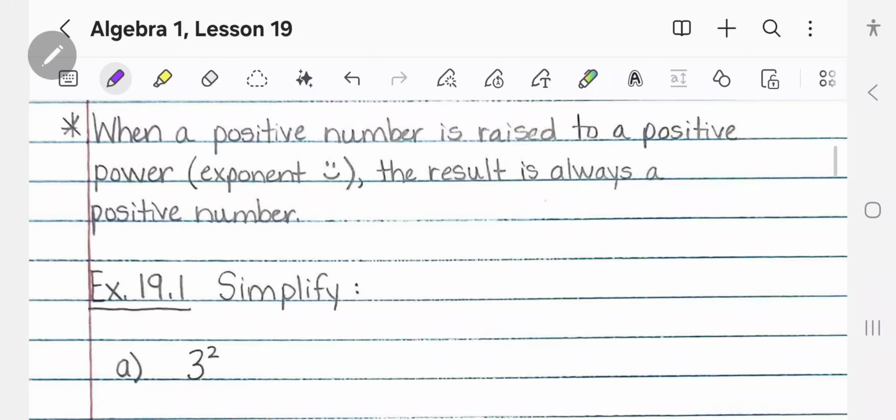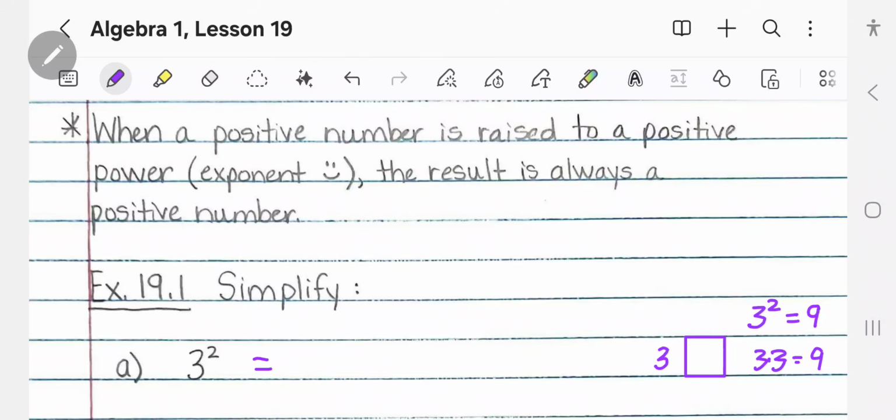Here's the first one. 3 to the second power. You will often hear that said as 3 squared, okay? Because I'll show you a little picture here. If you had a square whose side is length 3, its area would be equal to 3 times 3, which is 9, and that could be written with an exponent.